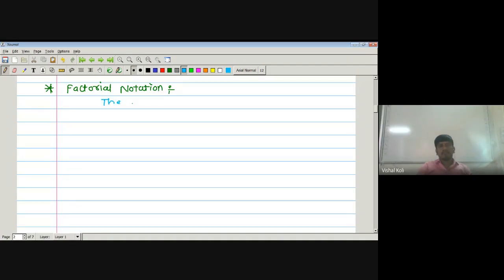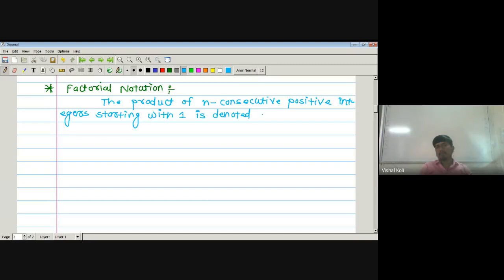The product of n consecutive positive integers starting with 1 is denoted by this symbol or this symbol and read as factorial n.